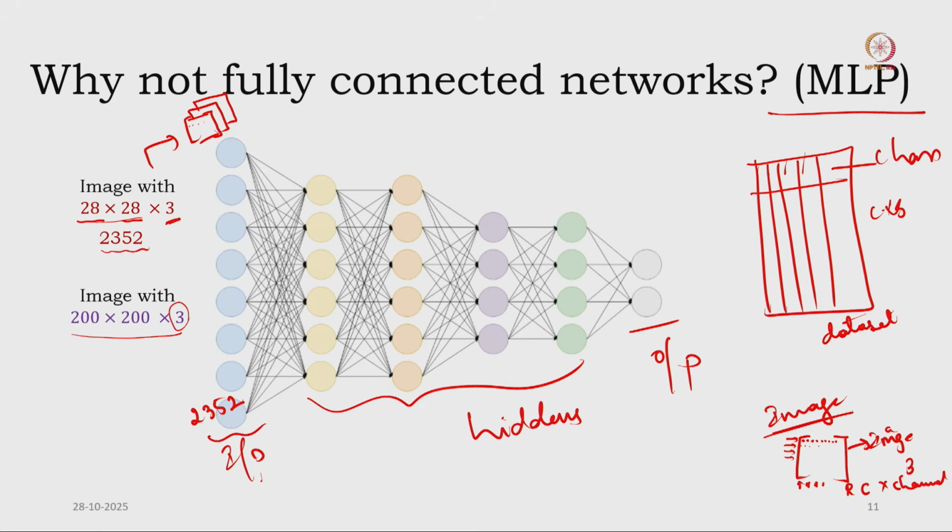The size of this image is 1,20,000. It is a very, very complex architecture. Therefore, we cannot use a multi-layer perceptron for images.